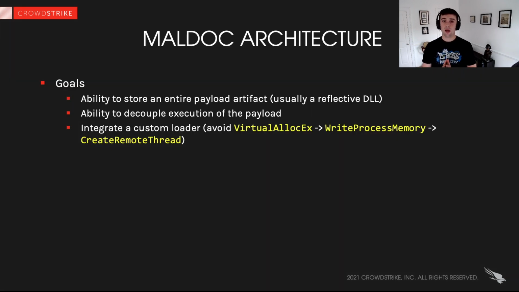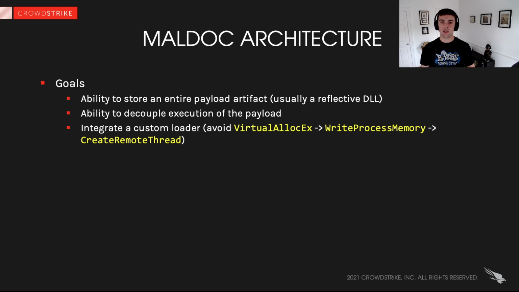The maldoc obviously needs the ability to persistently store the payload we would like to execute. This normally comes in the form of a reflective DLL that's ported to shellcode. We want the ability to decouple execution of the payload, so we do not want the payload to be running directly within the word.exe process, as this is an IOC for blue teams.